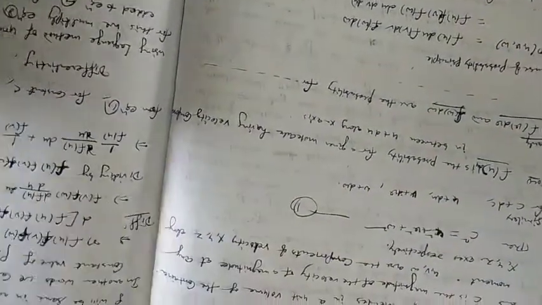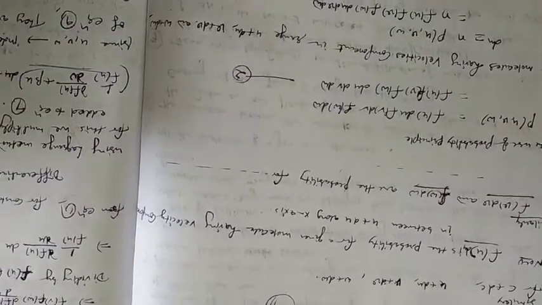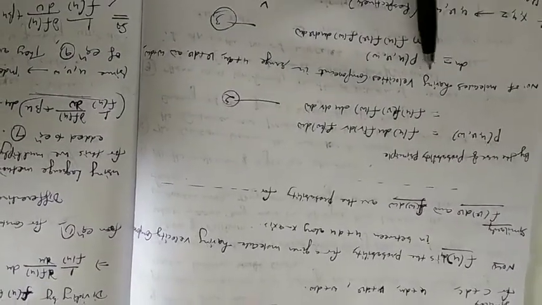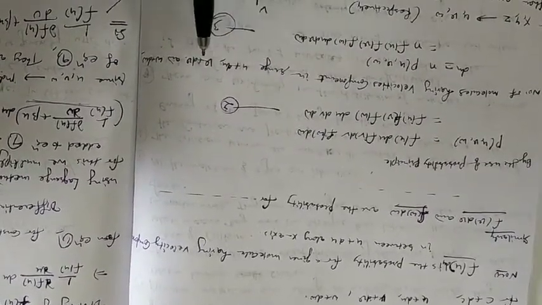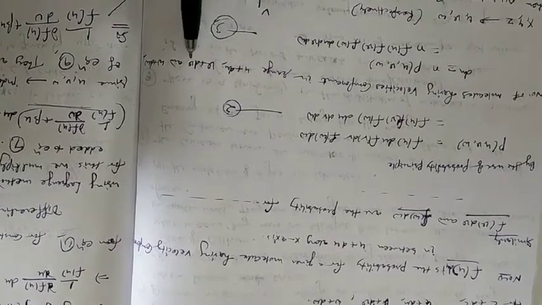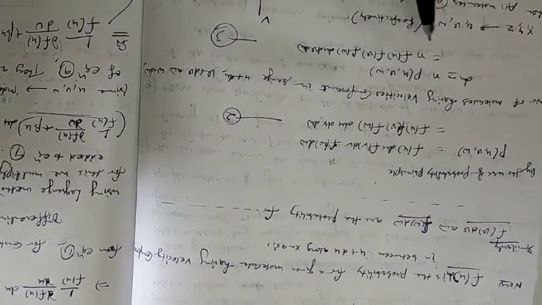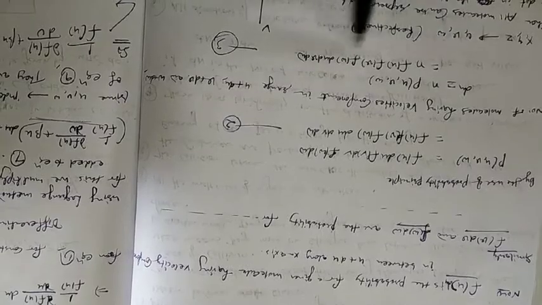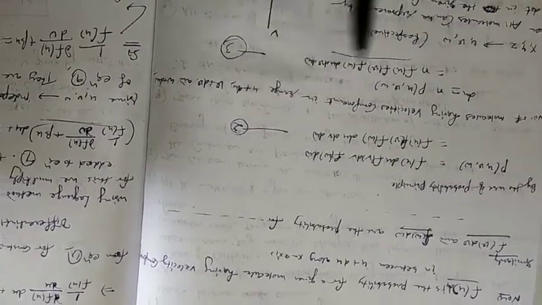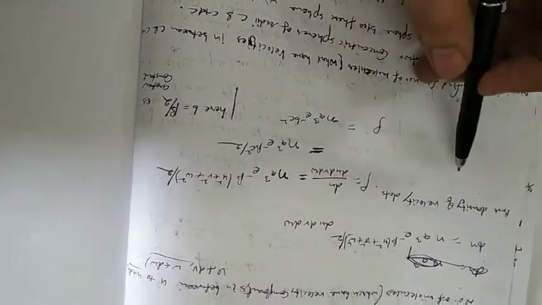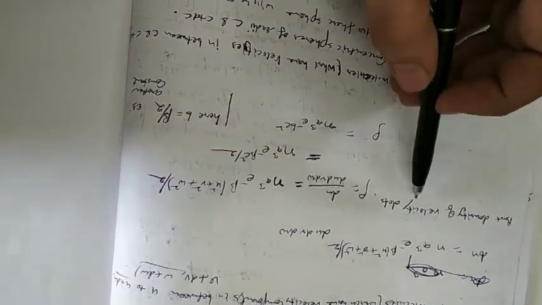From equation 3, the number of molecules having velocity components u plus du, v plus dv and w plus dw is given by equation 3. Putting this in equation 3, we can write dn equals this.